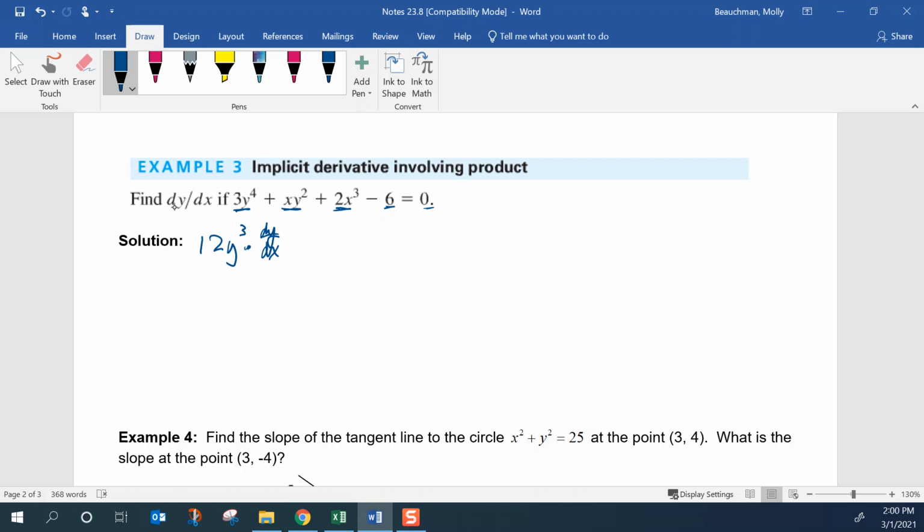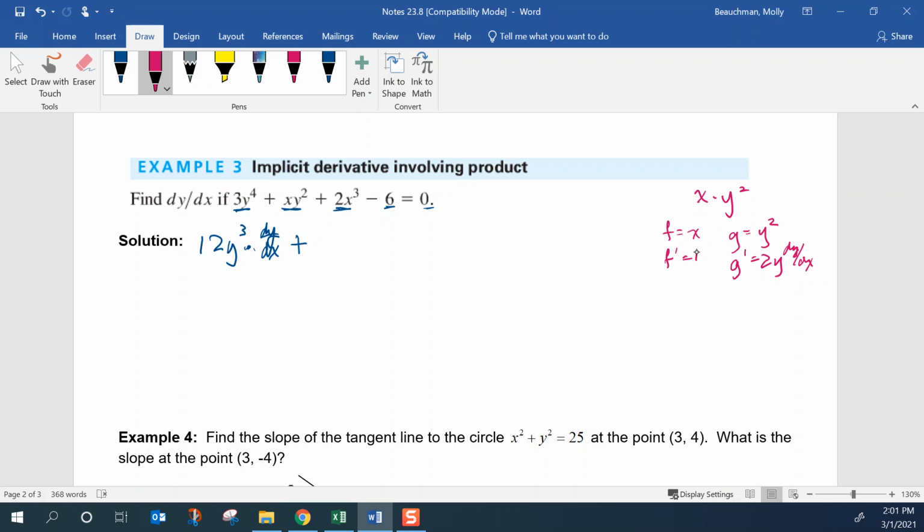Again, we're taking the derivative of y with respect to x, so think of y as a function or as an expression. Plus, we have x times y squared. Now we need to use the product rule. So I'm going to take x times y squared, product rule. You let f equal x, let g equal y squared, f prime is equal to 1, g prime is equal to 2y times dy/dx.